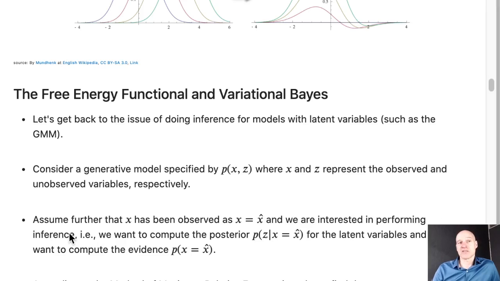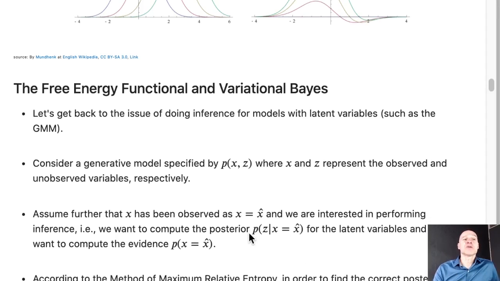So what does that mean? We want to compute the posterior P of Z given my observation for the latent variables, and also the counterpart: I want to compute the evidence. Basically, Bayes' rule rewrites prior and likelihood, or the generative model, into an evidence term and a posterior.